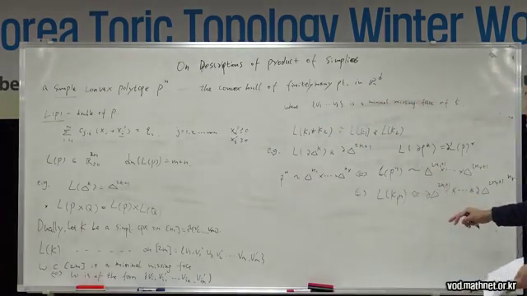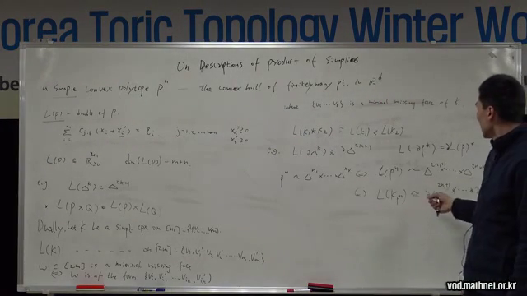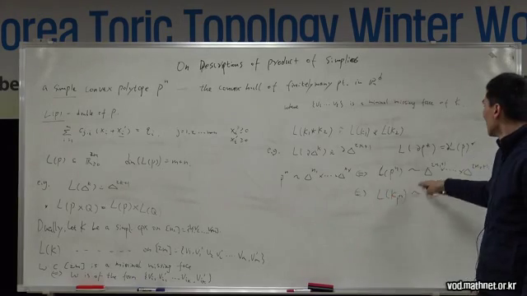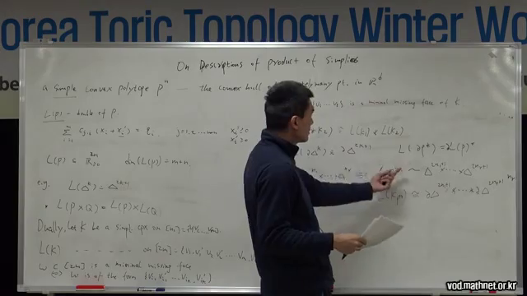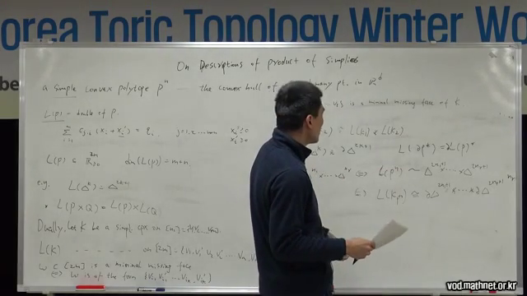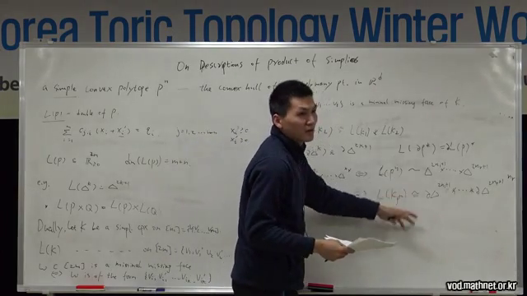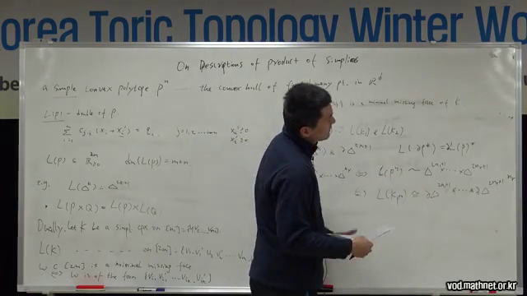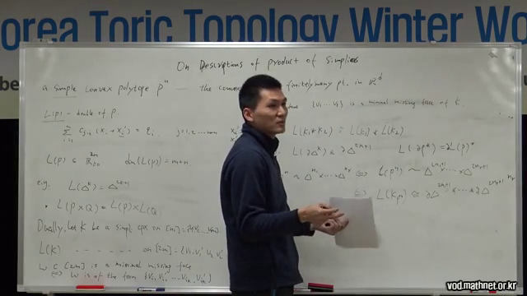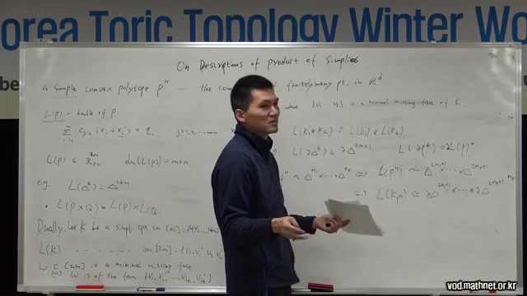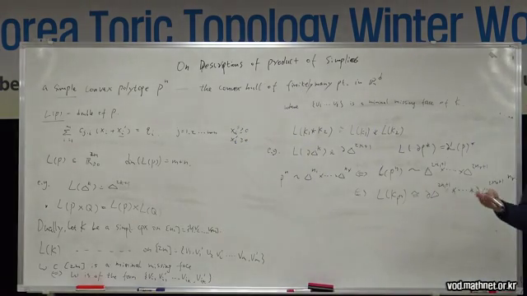But of course, these things are not really new. And this direction, from the right to the left, I think it's not difficult because the simplicial complex is defined by its missing faces also, right? And if you know all the minimal missing faces, then you know what it is.